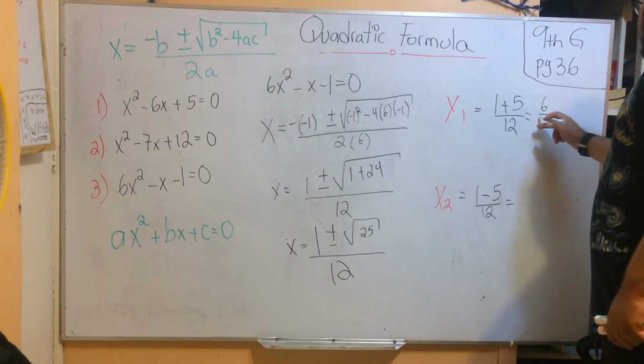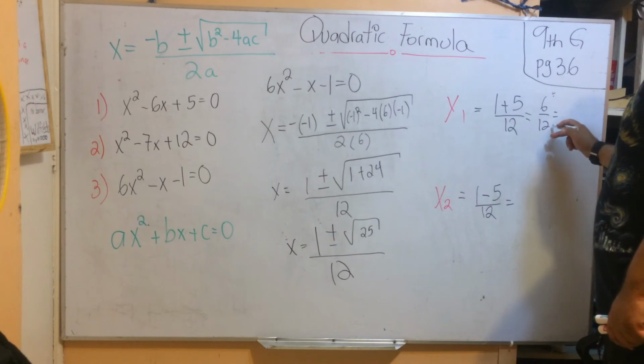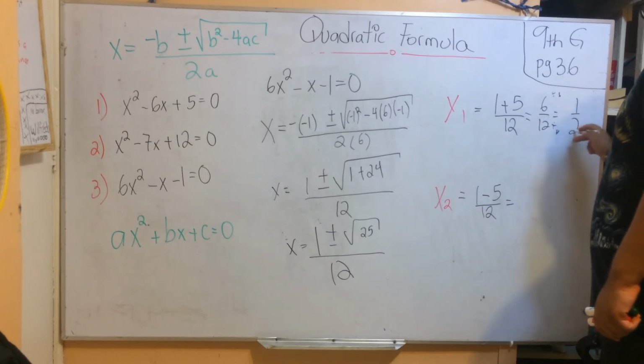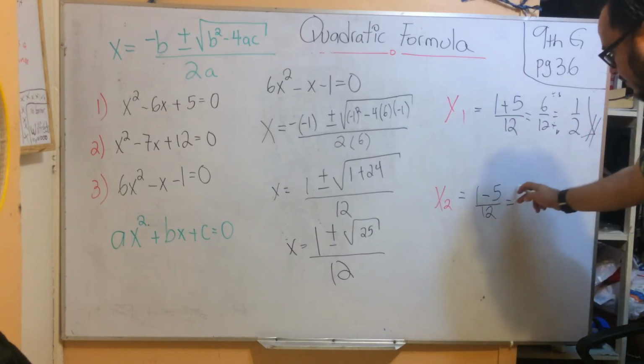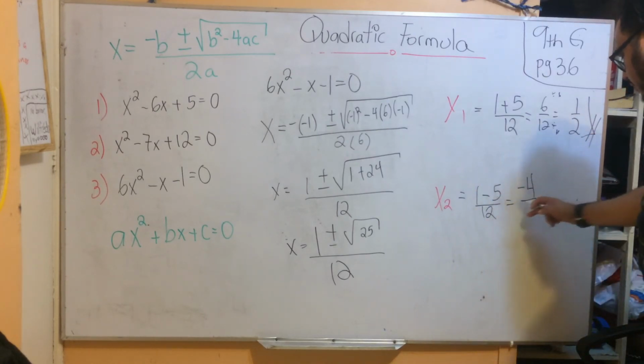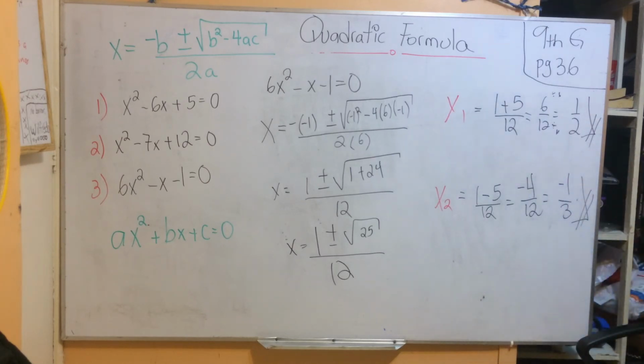So this is going to be 6 divided by 12, and if we simplify, divided by 6, this means it's 1/2. And here we have minus 4 divided by 12. This can be simplified into 1/3, but negative. Okay, and that's how we find our answers.